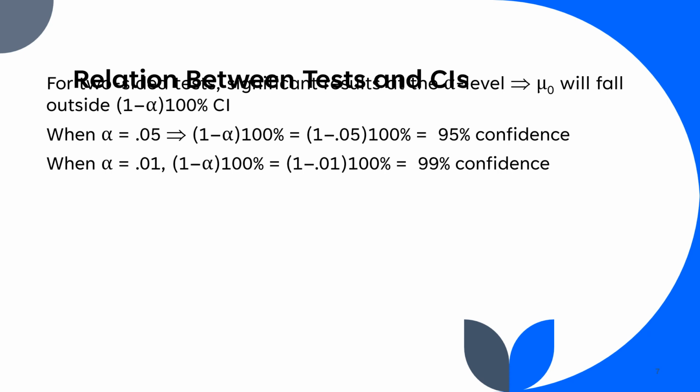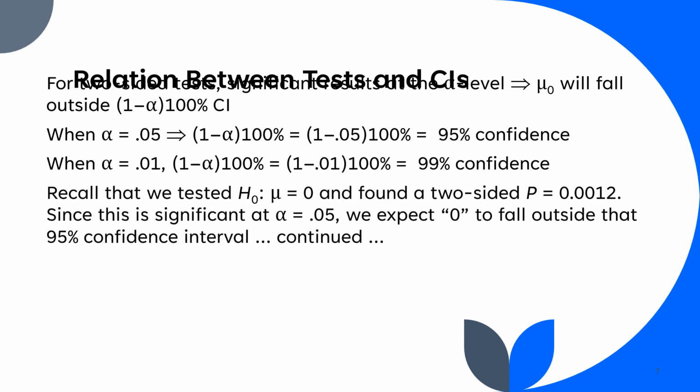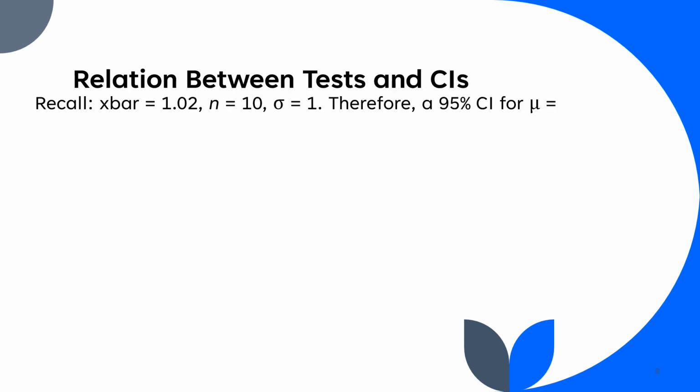The other one is 99% confidence. Recall that we tested the null hypothesis that the mean is equal to 0, and found the two-sided P of 0.012. Since this is significant at alpha 0.05, we expect 0 to fall outside that 95% confidence interval.